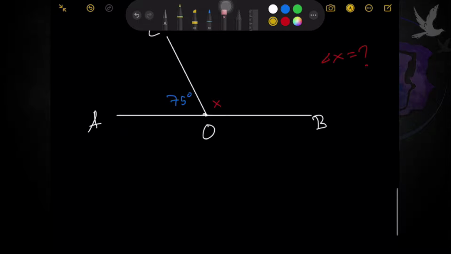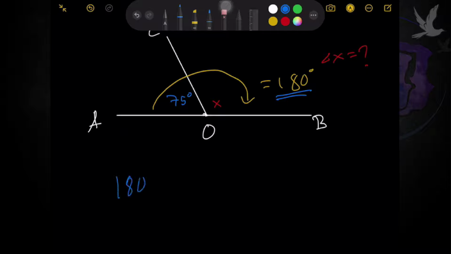Knowing that these 2 angles are equivalent to 180 degrees, to solve for X all you need to do is take your total and subtract the given angle, which in this case is 75 degrees.